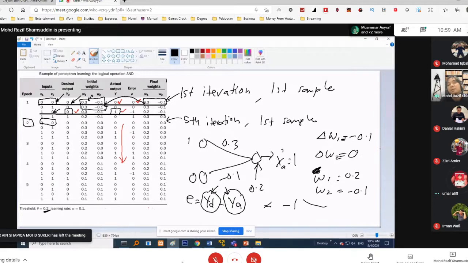Kenapa dia tak berubah? Sebab marginal difference dia kosong kan. Yes. Alright, so that's why dia dapat kat sini 0.2 dan negatif 0.1. Okay, so nilai ni dibawa ke iteration yang seterusnya. Okay, boleh the next iteration.